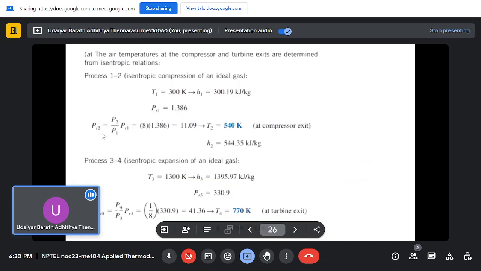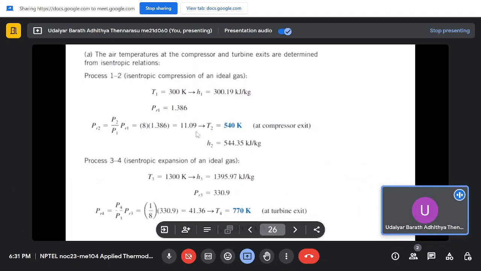So PR2 by PR1 will be equal to P2 by P1. This is at compressor exit, so your relative pressure is 11.09. For that corresponding relative pressure, you will have T2 as 540 Kelvin. So the enthalpy at state 2 will be 544.35 kilojoule per kg.